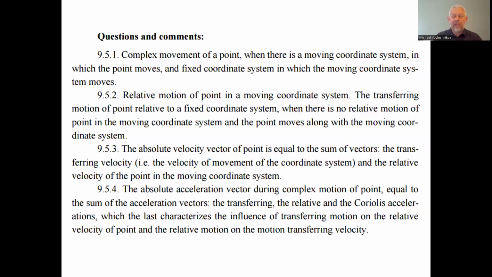And besides, we have the third term, so the vector sum includes the Coriolis acceleration, which we can find as a doubled vector product of the transfer angular velocity of the rotation of the moving coordinate system relative to the fixed one, and the relative translational velocity of the point in the moving coordinate system.